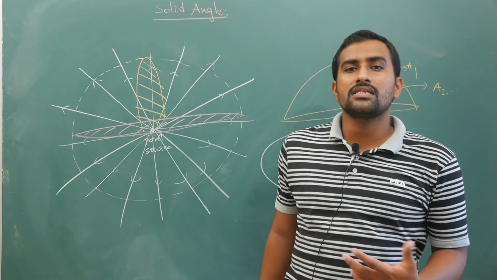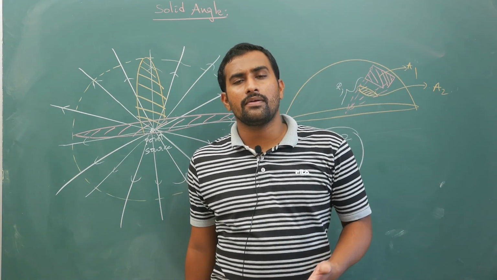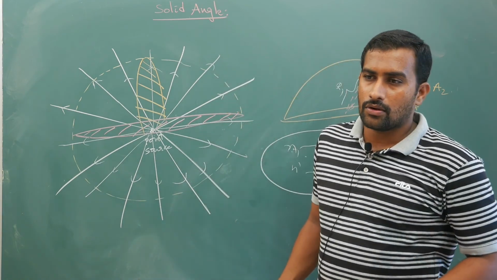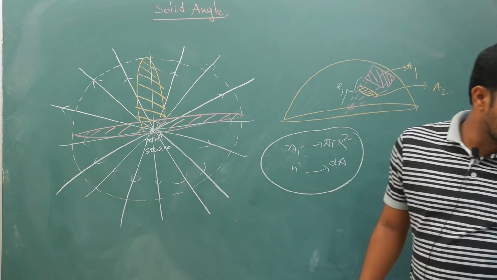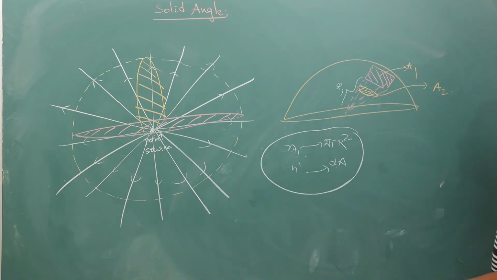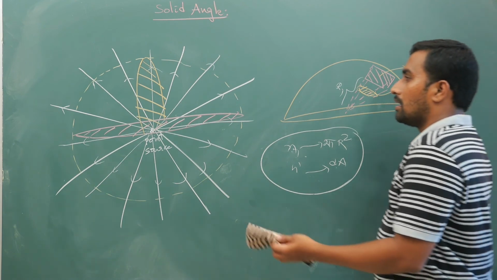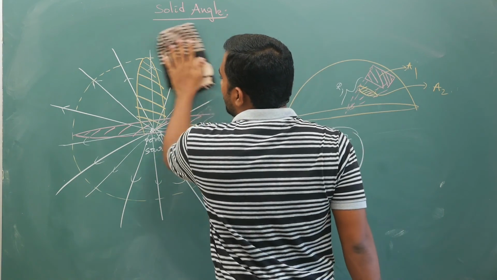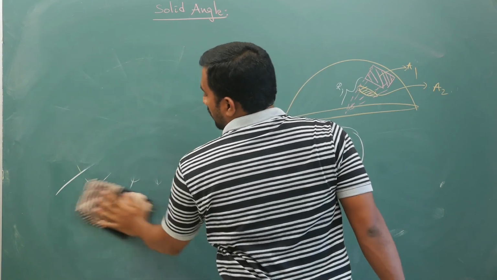So this is your context of developing solid angle. Your solid angle will help us in giving the number of field lines. Now to understand it better, I will explain it further.